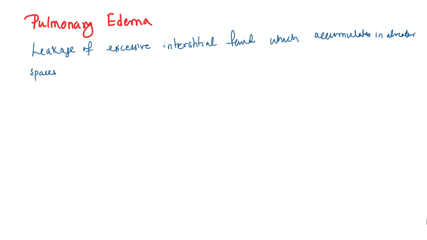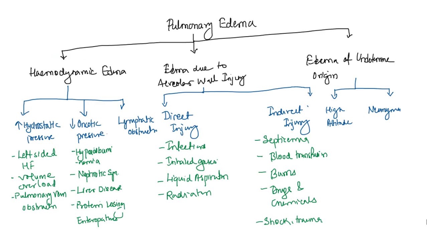Pulmonary edema is the leakage of excessive interstitial fluid, which accumulates in the alveolar spaces. Pulmonary edema is divided into hemodynamic edema, edema due to alveolar wall injury, and edema of undetermined origin.